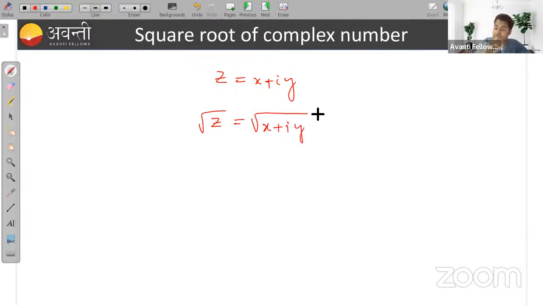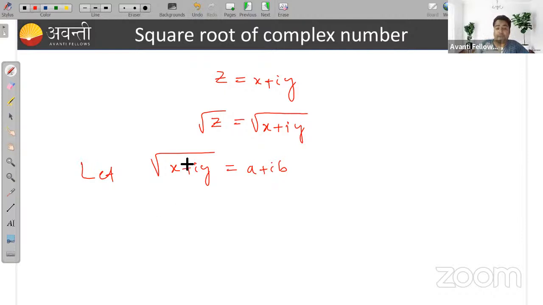So how can you find it? Let root of x plus iy be a plus ib. Root of any complex number gives you another complex number.